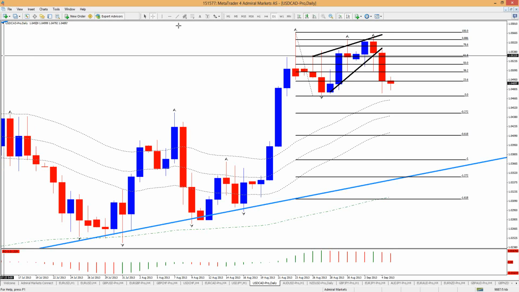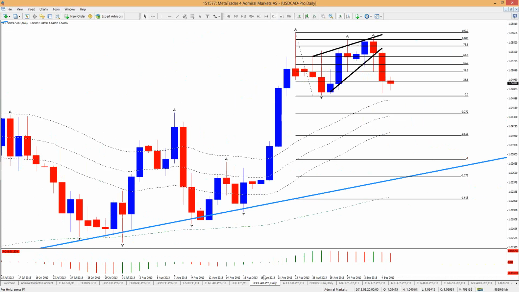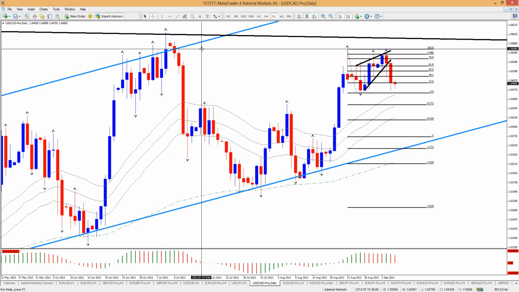I missed Anis's comment, by the way, who said it looks like Andrew's Pitchfork. That's definitely true, indeed. And I'm out of the dollar CAD position, indeed, Anis. Because for me, anyhow, the 105 was the target, because 106 was the top, but I wanted to be a bit more conservative. And we didn't reach 106 so far, right? We went to 105.68.